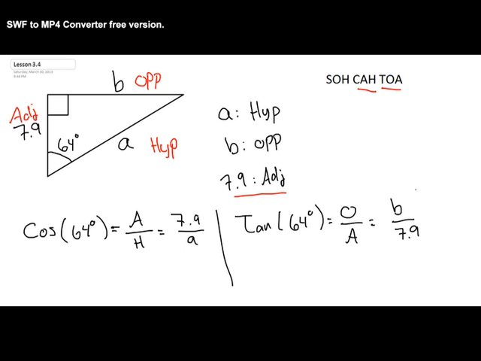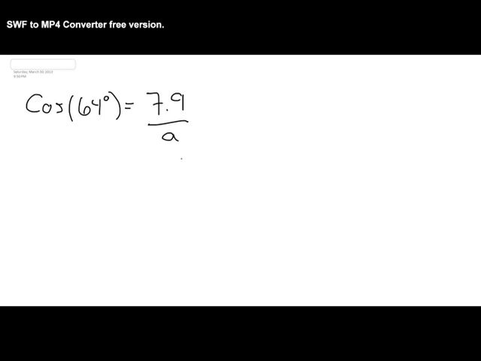And what we're going to use here are our skills for solving rational expressions that we just did in our last video. So we're going to take a look first at the cosine of 64 degrees is equal to 7.9 over A. Remember, what is our goal? Our goal here is to solve for A. We want to get A by itself.